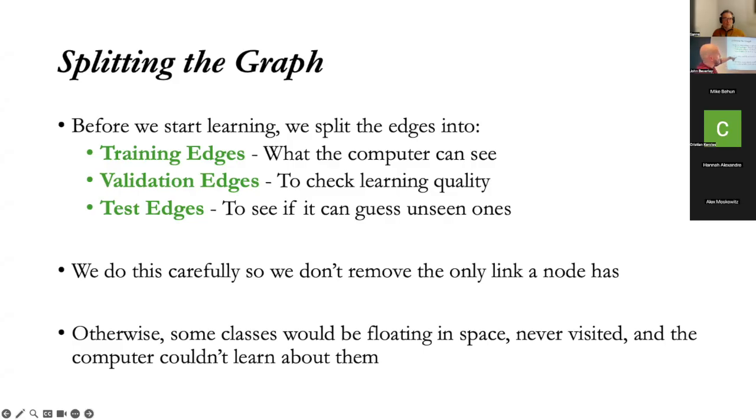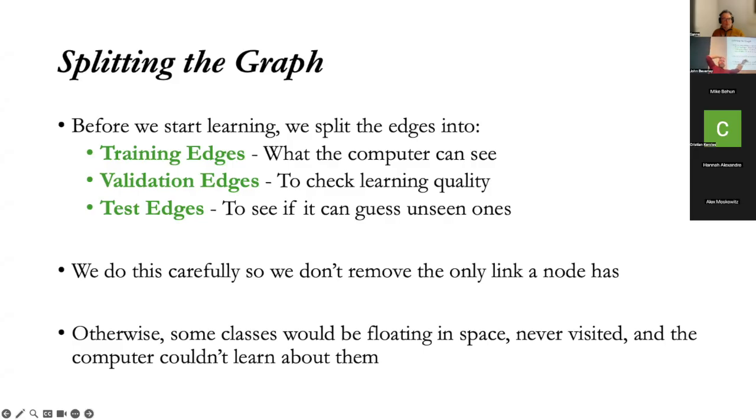So here's part of the trick, and one of the reasons I wanted to demonstrate this example. We have to do this really carefully when we're thinking about subclass relationships. You'll also need to do it carefully with an under-axiomatized ontology like CCO's artifact ontology, because as you're removing edges for the training and test, you can isolate nodes.